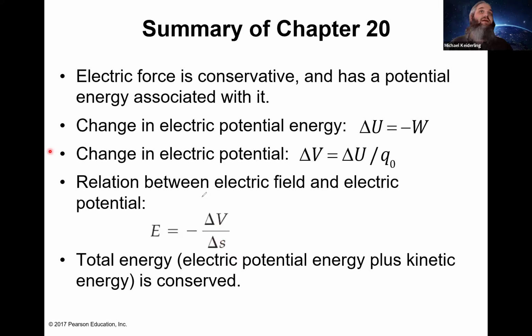If you've done any multivariable calculus, you would write this to deal with the extra dimensions: E is minus upside down delta V. But that's not actually important for this class. It's like a multivariable version of a derivative.